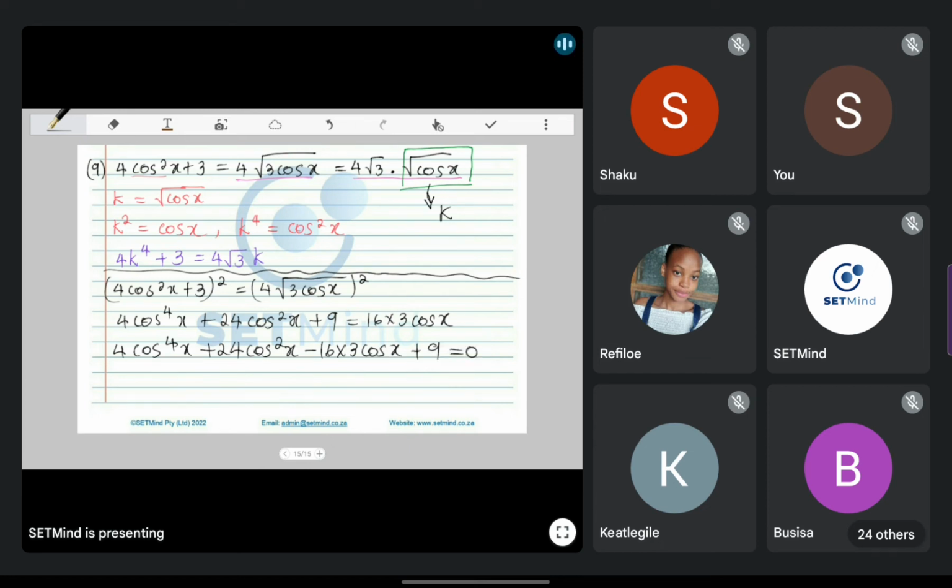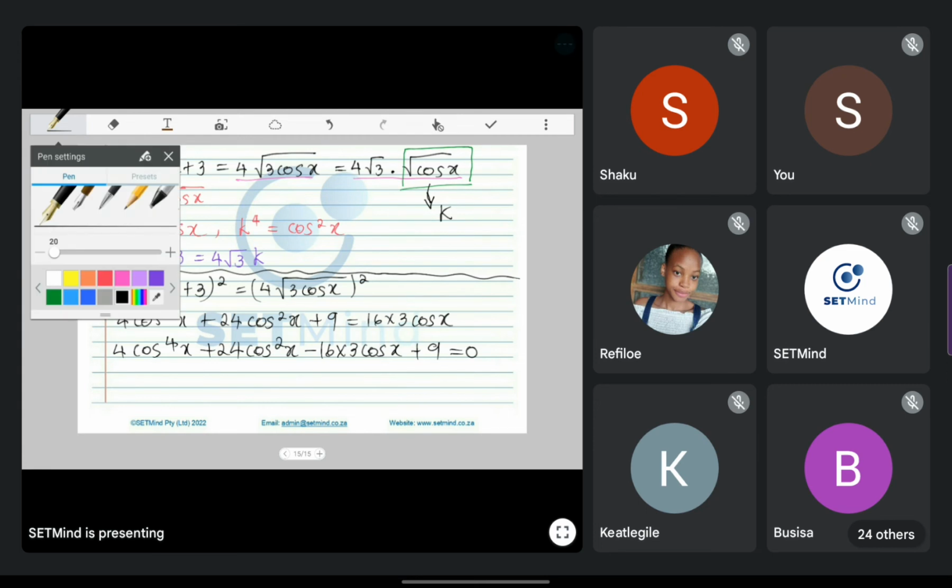Okay, so how would you guys go about solving this one? Because I have 2 expressions, this one and this one.